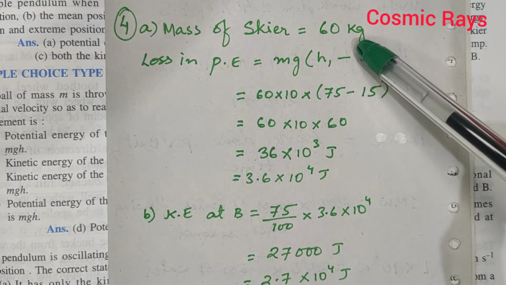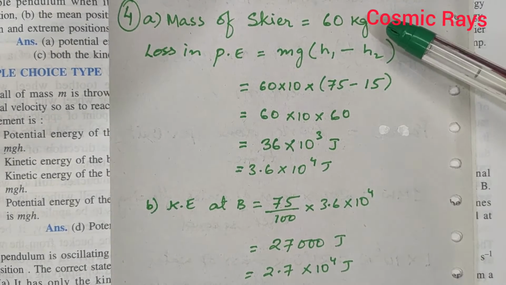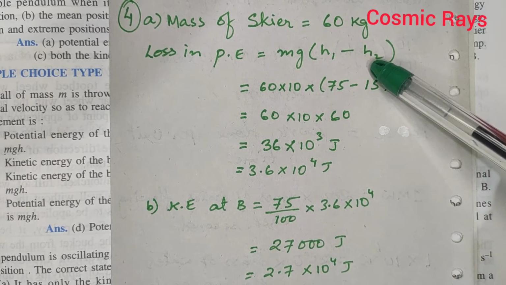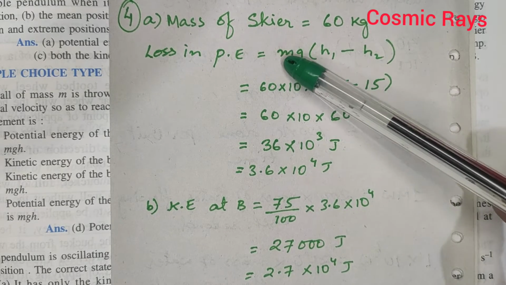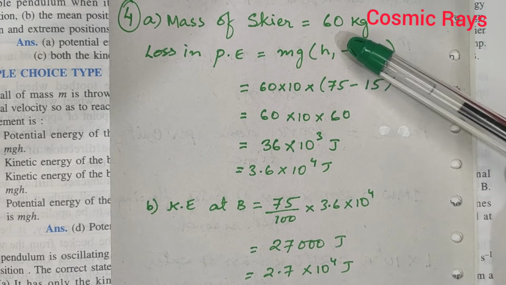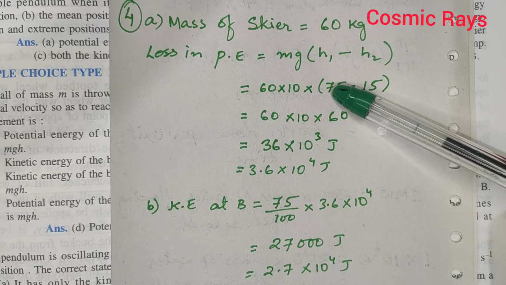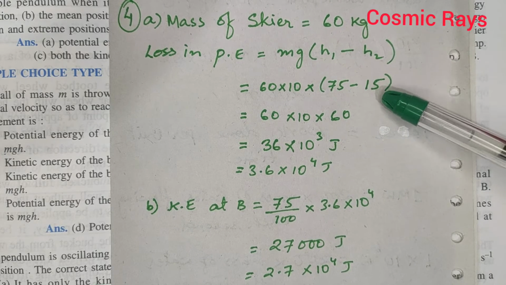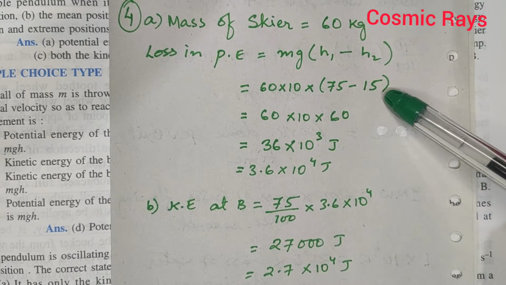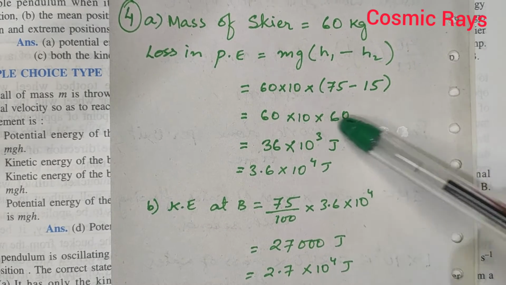So here we have written the first part of the question, that is, the mass of the skier is 60 kg. The loss in potential energy is given as mg(h1 minus h2). We have the value of mass, that is 60, and we have the value of acceleration due to gravity. h1 is 75 meters as I had shown you from the figure, and h2 is 15 meters. So 60 into 10, into 75 minus 15 is 60. We multiply it.